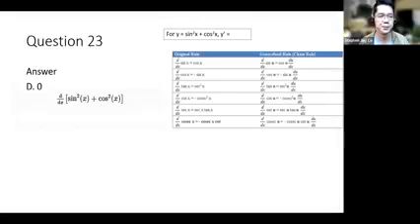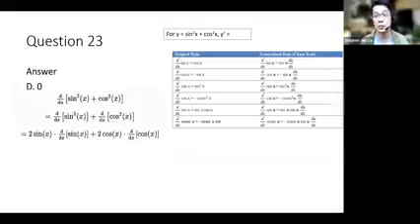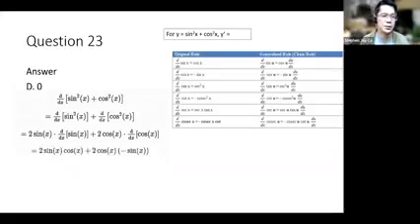So the derivative of this: first you'd separate the two and then get the chain rule done. Sine square x is 2 sine x, and then the derivative of sine x is cosine x. Then cosine square x is chain rule again: 2 cosine x, and the derivative of cosine x is negative sine x.